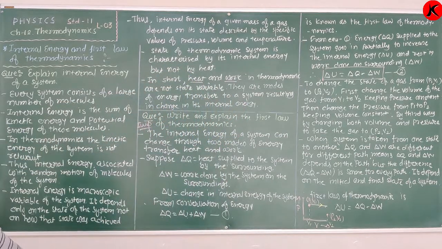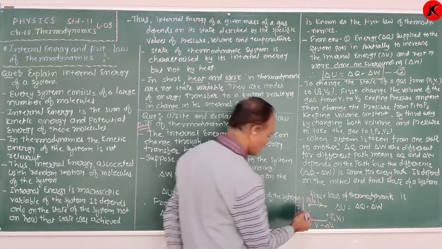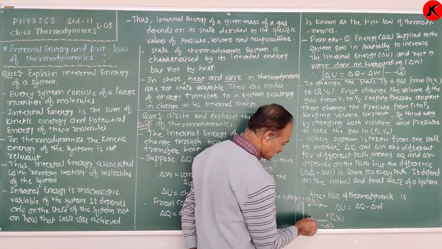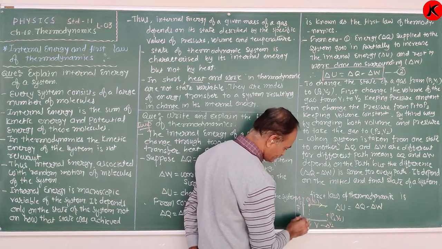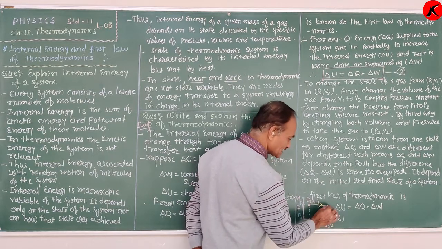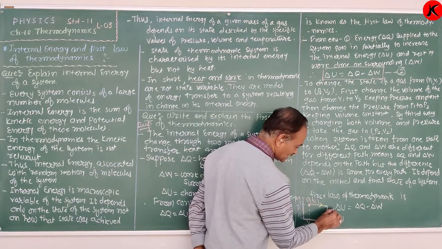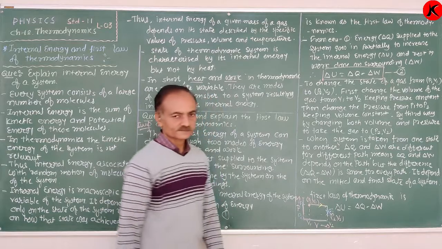That is our P1 pressure, and that is our P2 pressure. We bring the system from P1 to P2 at constant volume. That is the second method.